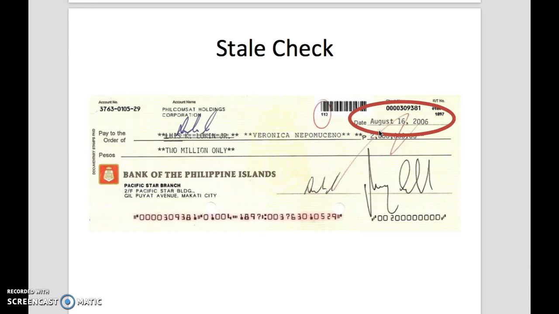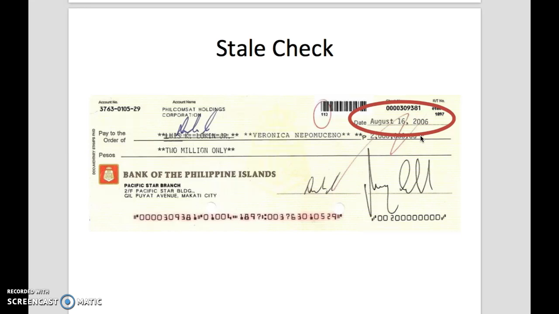For example, today is November 19, 2017, and in my drawer, I find this check, which is August 16, 2006. Now, this is a stale check already because the grace period that you have to encash a check, or to convert the check into cash, would only be 6 months. Obviously, it's been years, and so I can't collect this 2 million anymore from whoever this is.